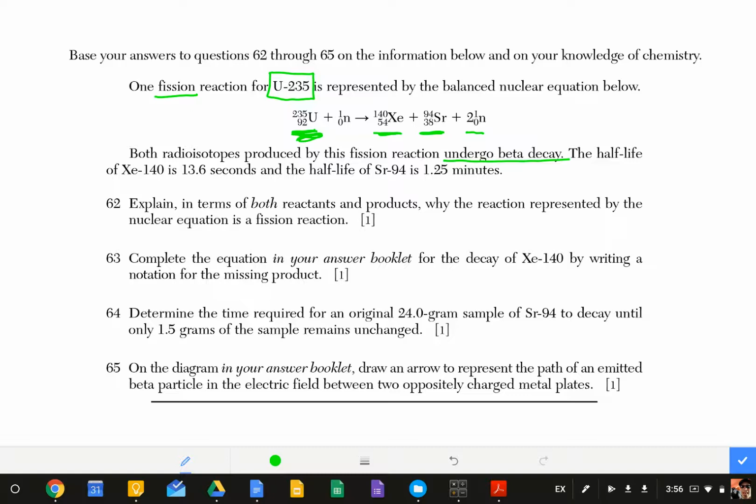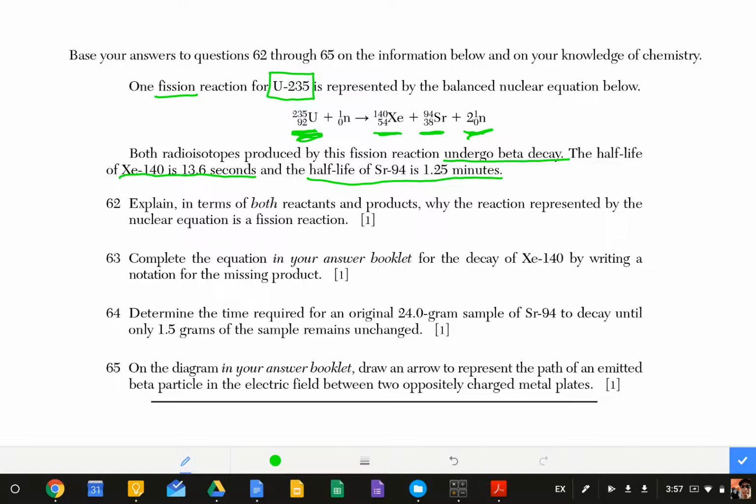The large uranium nucleus broke into two smaller nuclei and also gave off two more neutrons. The daughter particles, xenon and strontium, both undergo beta decay, so those are still radioactive isotopes. The half-life of xenon 140 is 13.6 seconds, and the half-life of strontium isotope 94 is 1.25 minutes.